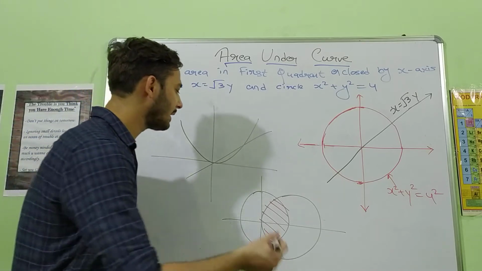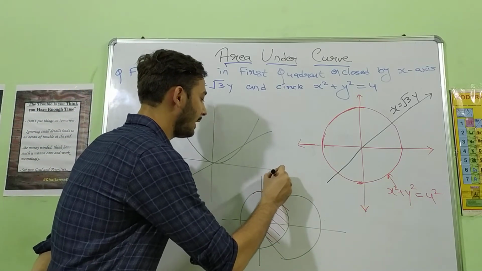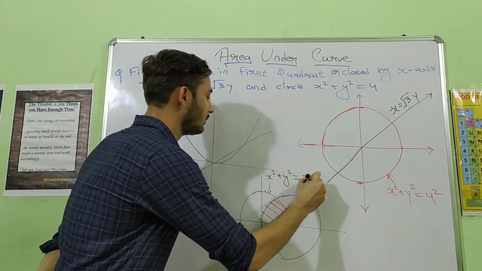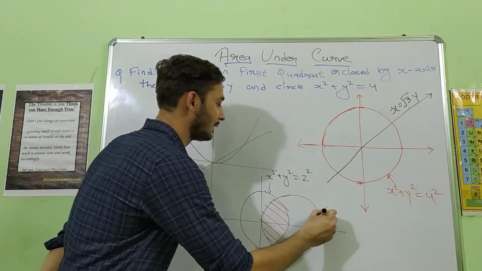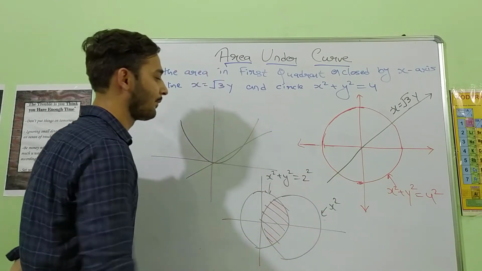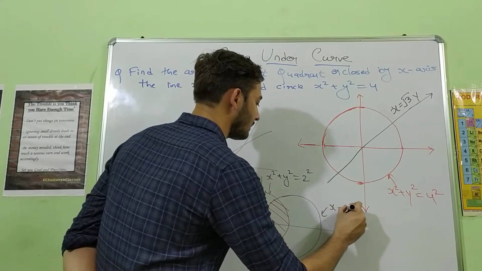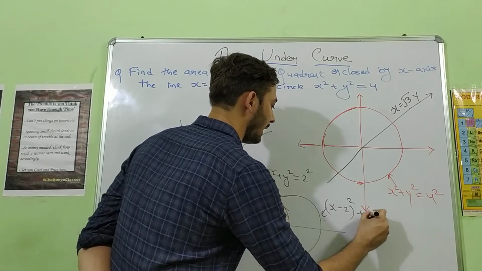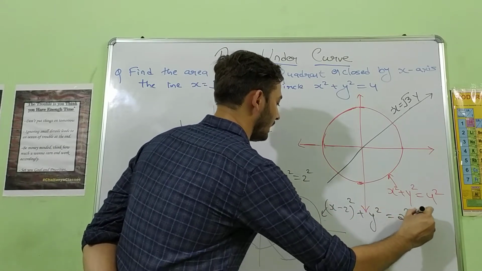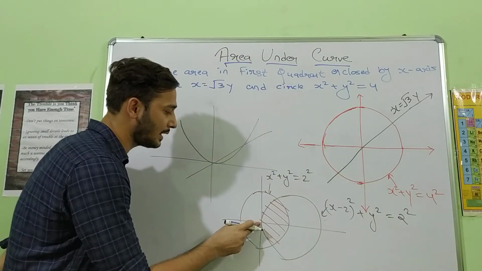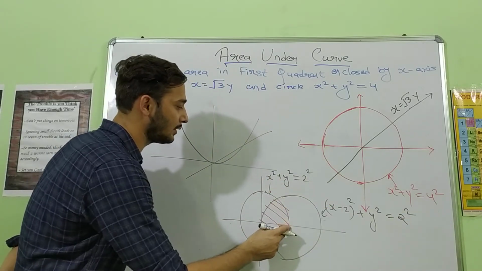We know the equation for circles: x square plus y square equal to 2 square, then let it be (x minus 2) square plus y square equal to 2 square. So the center of this is 0, 0, and you can see the center of the other is 2, 0.